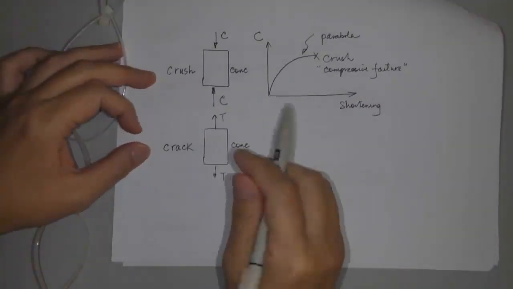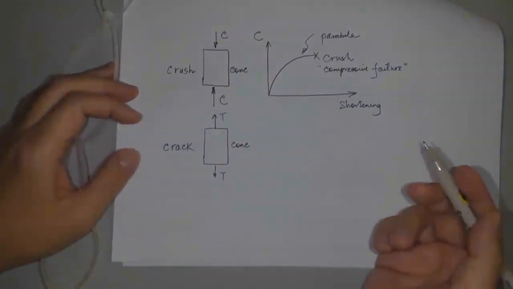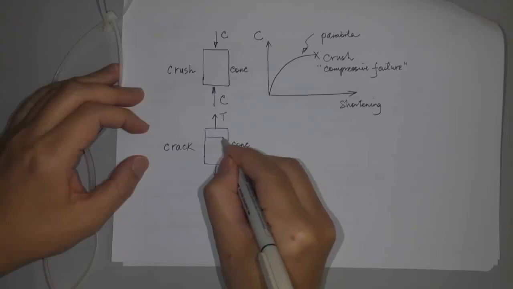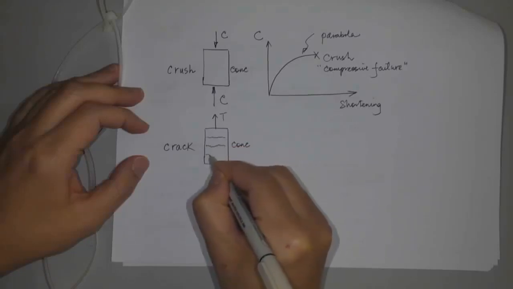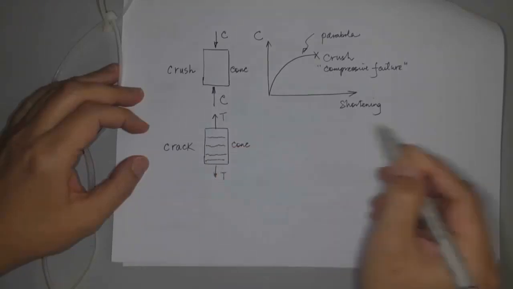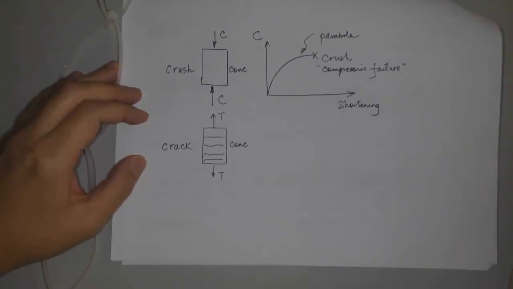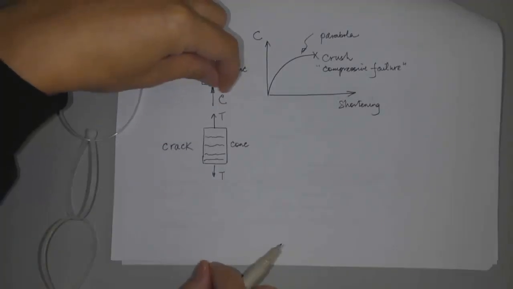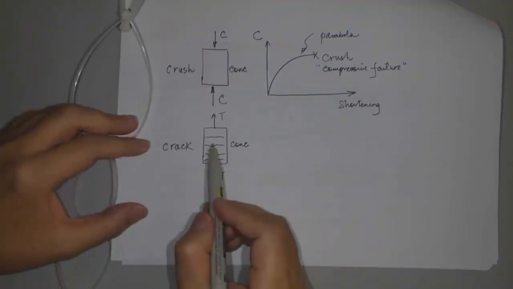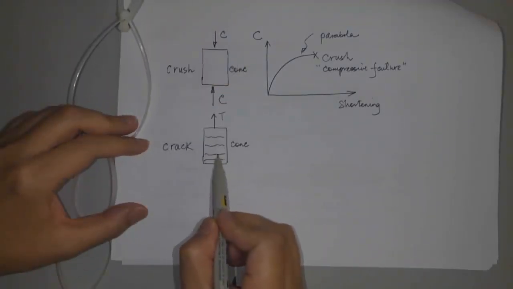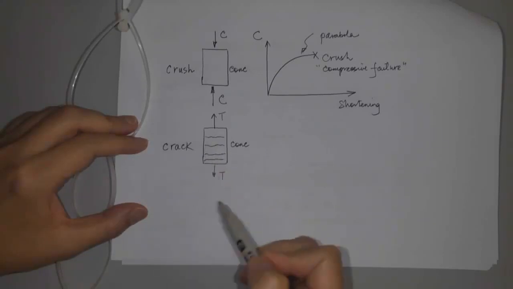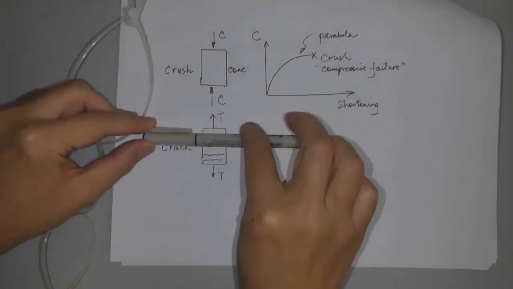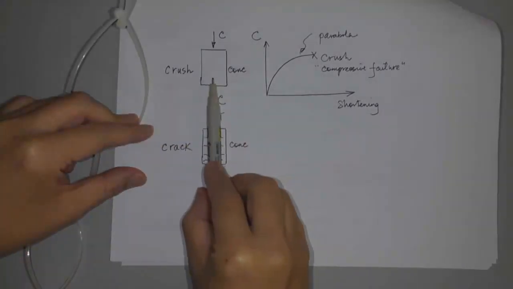So when you try to pull a piece of concrete, it cracks. So how does it crack? You can draw some crack line like that. So what that means is, if you try to pull it in this direction, then the crack will form in this direction. And by just looking at these two directions, you can tell they are perpendicular to each other.